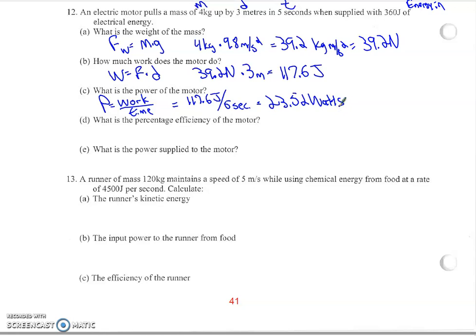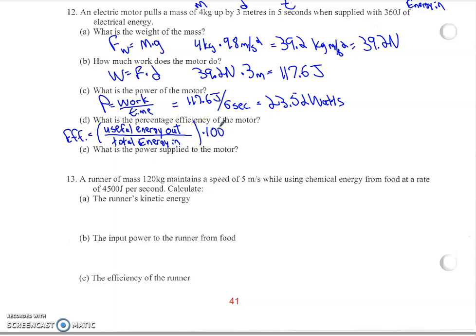The percent efficiency of the motor. Okay, well now we have to look at the equation for efficiency. It is useful energy out divided by total energy in, and we'll end up multiplying that by 100.